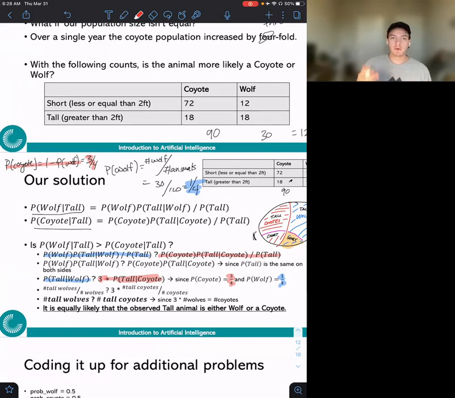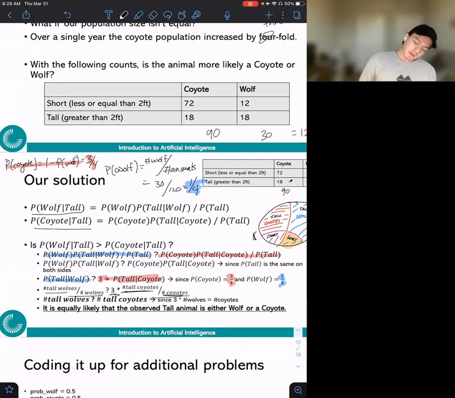Just like before, it's the number of tall wolves over the number of wolves. And then we have this 3 that we have to take into account times the number of tall coyotes divided by the number of coyotes total.